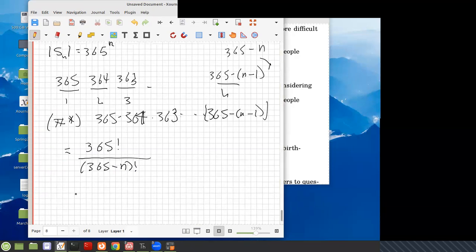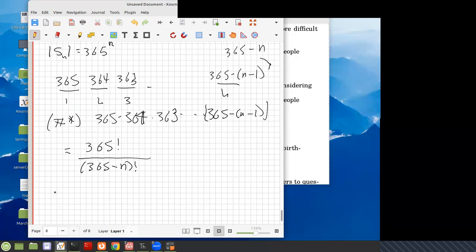Okay, so this is the number of ways that no one has the same birthday. So the number of ways that two people might have the same birthday is going to be this total number minus this one.